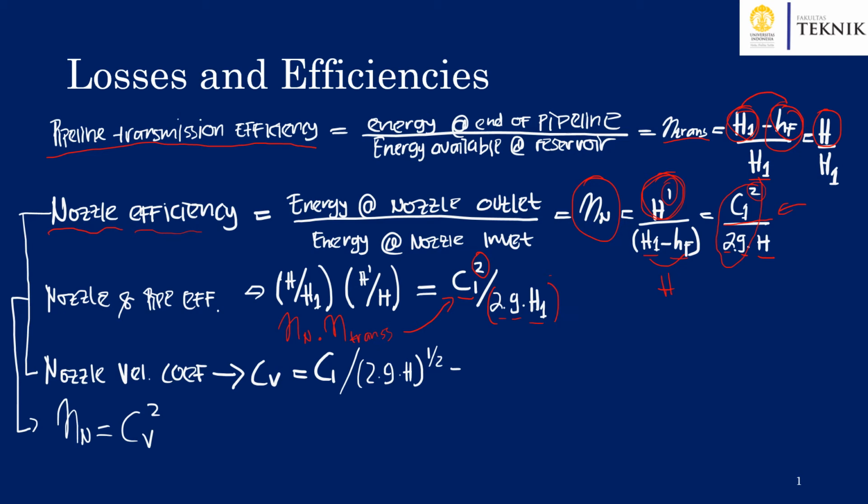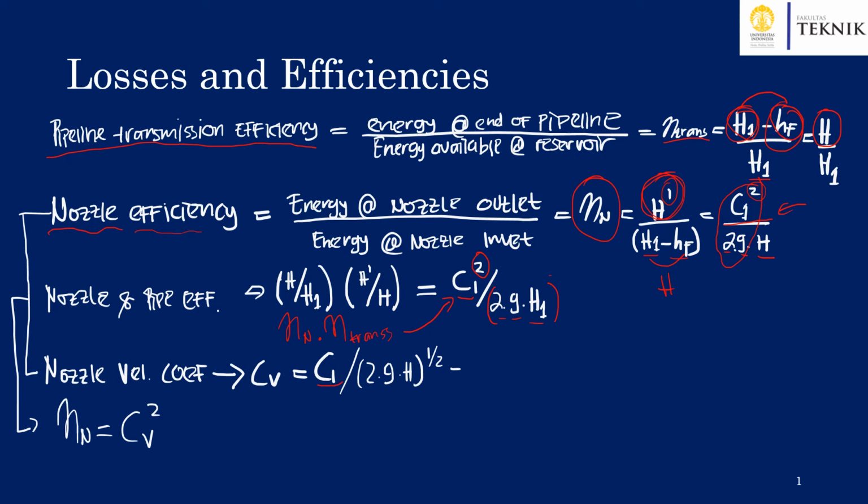And if we look at these equations, it is a function of both efficiencies. And then as we know, as the fluid leaves the nozzle at velocity C1, there is a chance that we have some losses, or friction maybe.